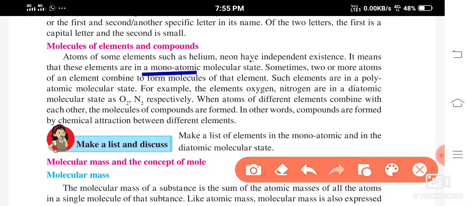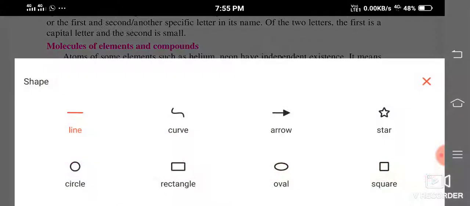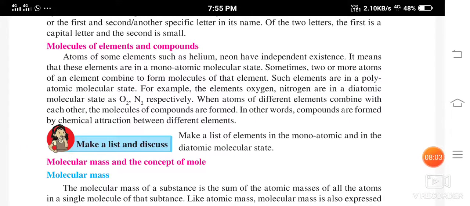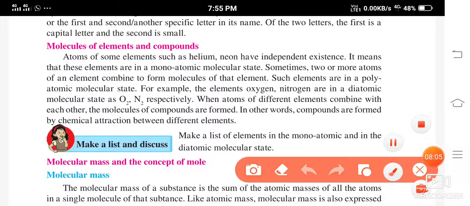But sometimes, instead of the monoatomic state, two or more atoms of an element will combine. For example, helium and neon can exist in the independent state, that is the monoatomic state.